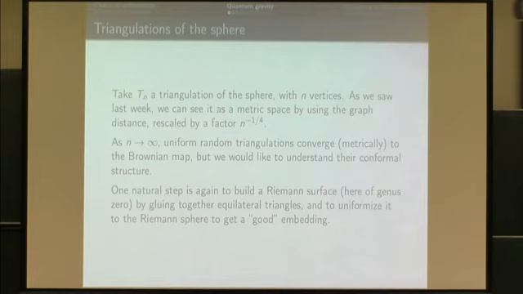And what you can do is you can take this triangulation as a pattern, and again, you can glue equilateral triangles to make a complex structure on the sphere. And if you do that, it's expected that this now is connected to the Gaussian free field, that you should get something conformally invariant, which is somehow a common realization of the Brownian map and the Gaussian free field.